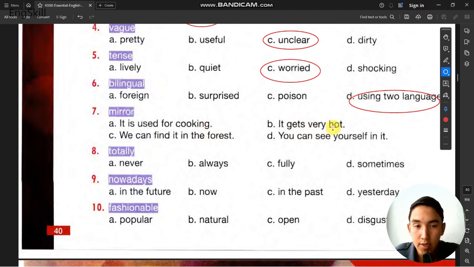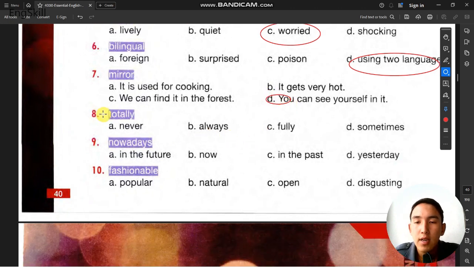It gets very hot. We can find it in the forest. You can see yourself in it. The D is correct. Number 8, totally. Means never, always, fully, sometimes. Totally means fully or completely.